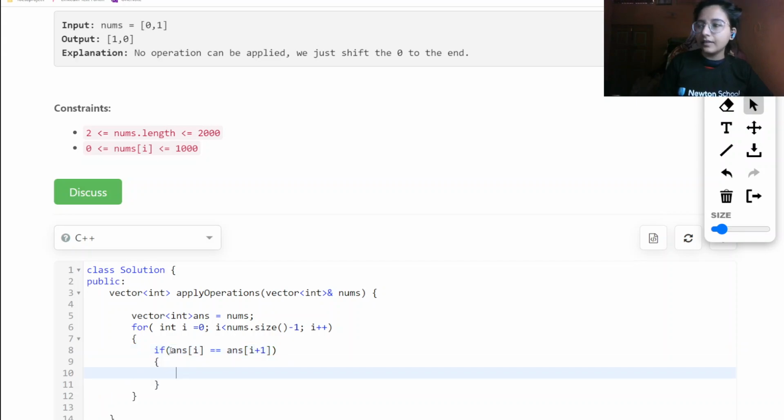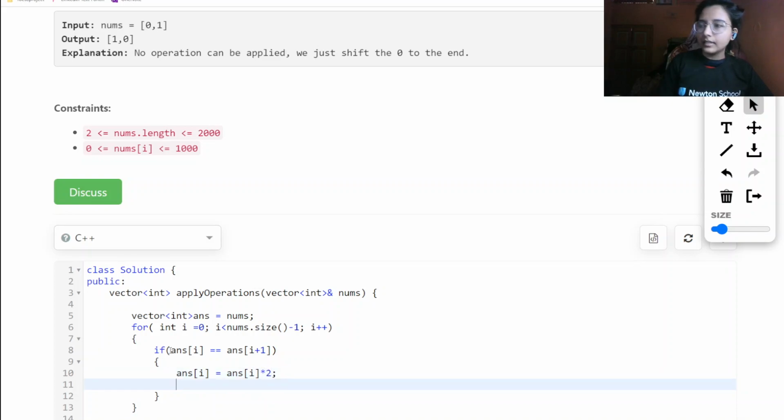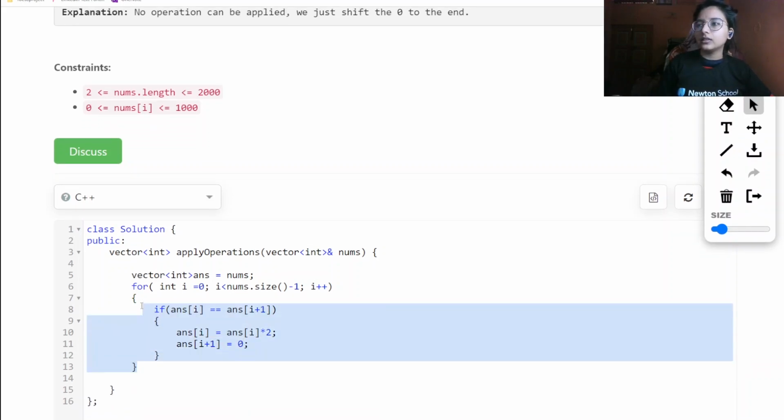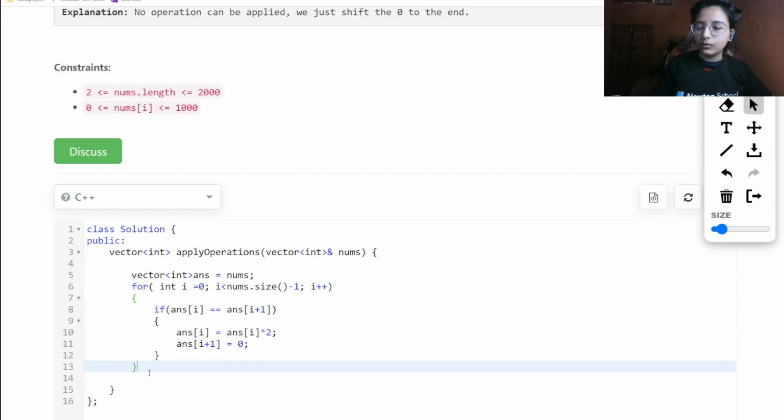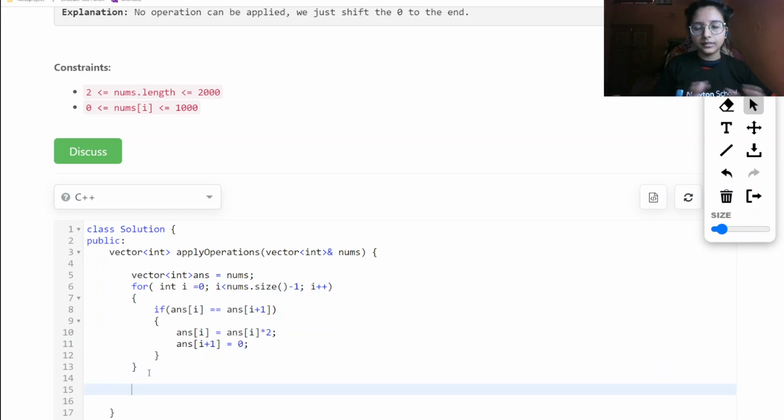If both of them are equal, then we will be performing our operation: answer of i equals answer of i into 2, and then answer of i plus 1 equals 0. So both of these things we will be doing. This is for our conversion part.